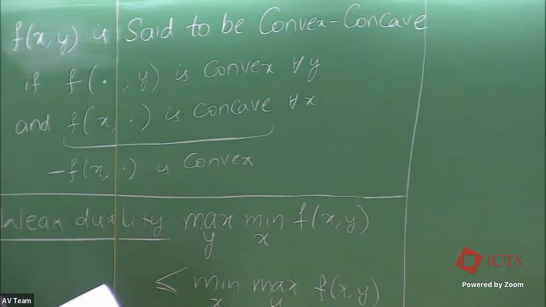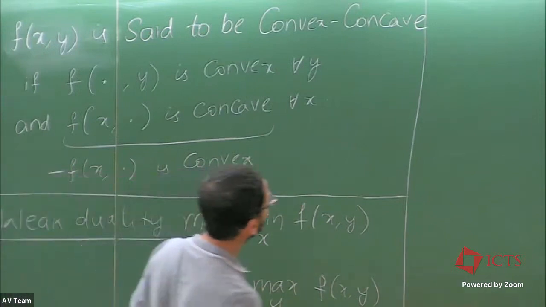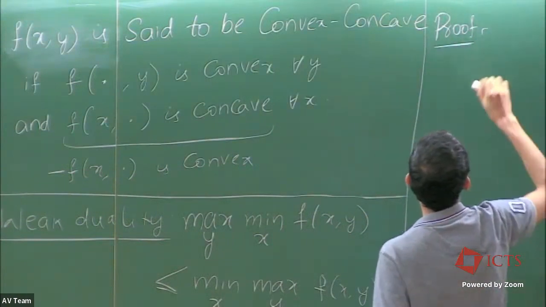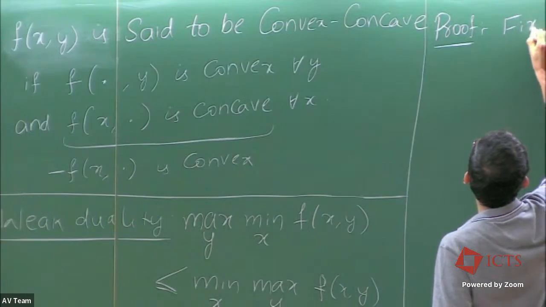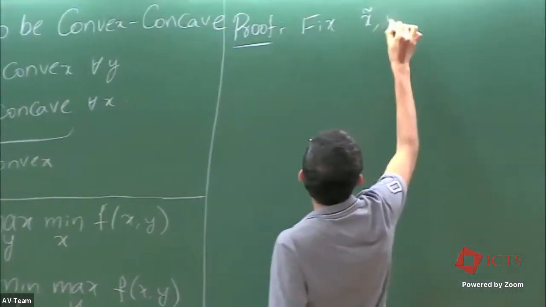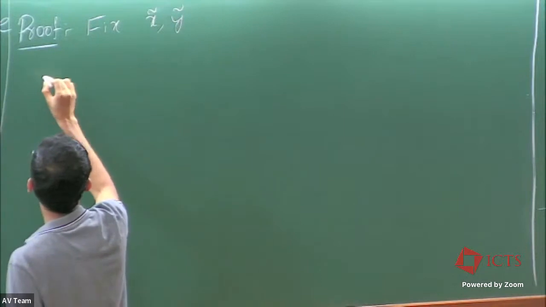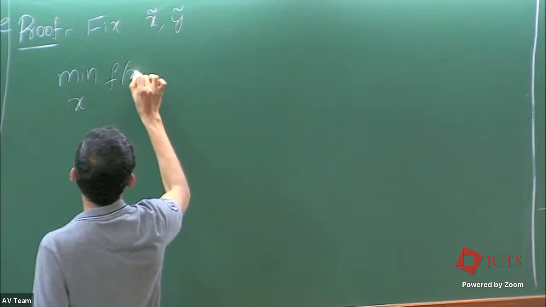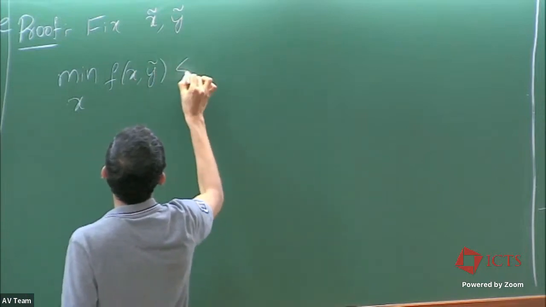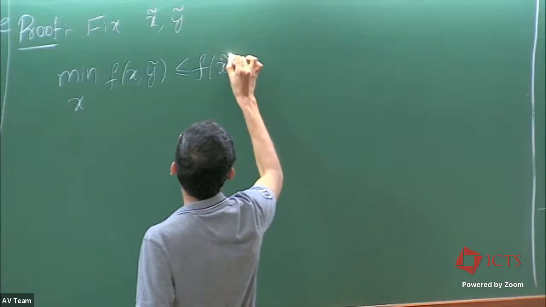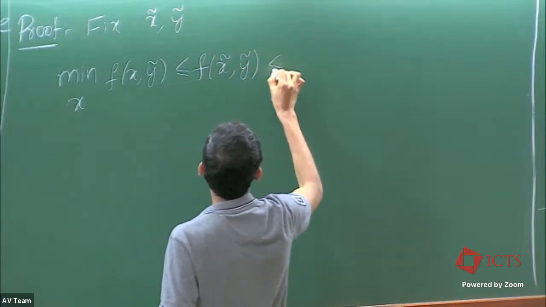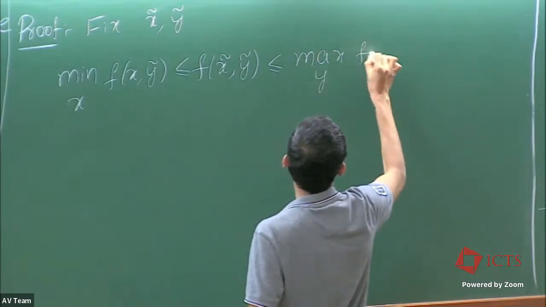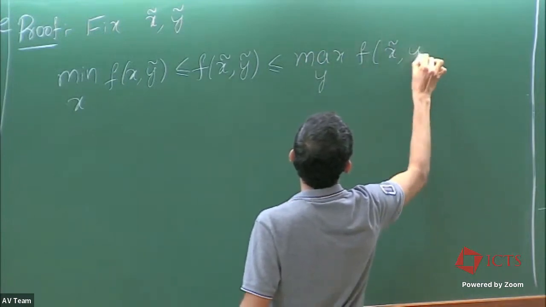There is no assumption that we are making here. This is always true, and the reason is the following. Let's say we fix some x twiddle and y twiddle. We know that min over x of f of x comma y twiddle is less than or equal to f of x twiddle, y twiddle, which is less than or equal to max over y of f of x twiddle comma y.